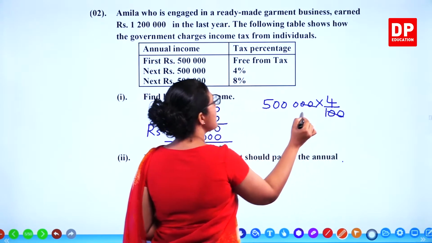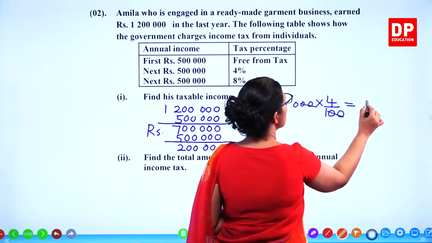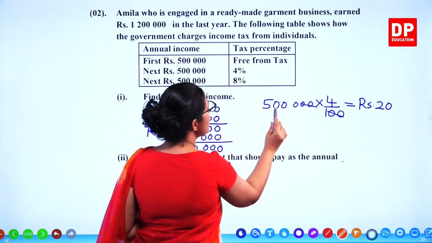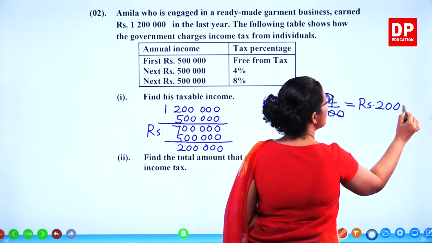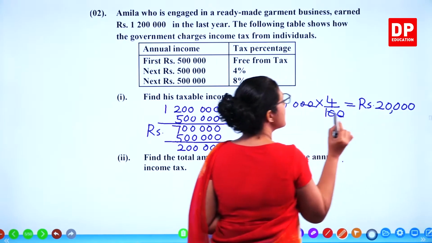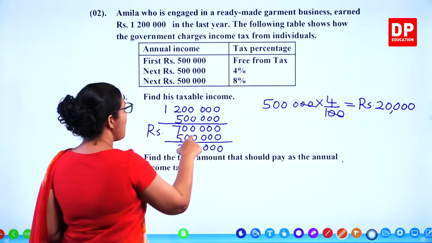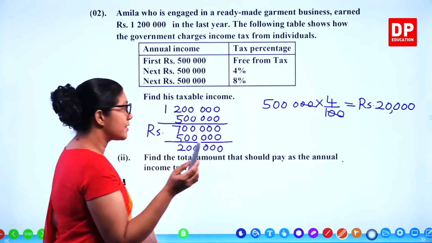So 2 zeros get cancelled out. 4 times 5, 20. And how many zeros? 1, 2, 3. 20,000 rupees is the first taxable amount, and the rest is 200,000.